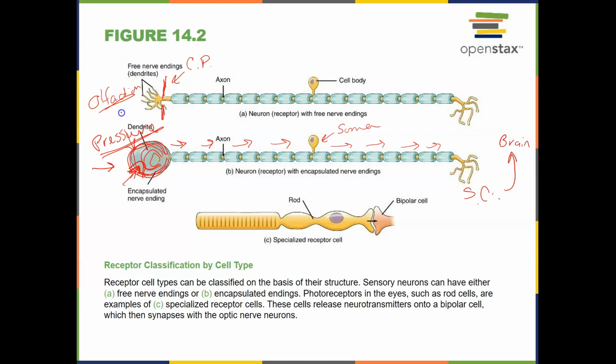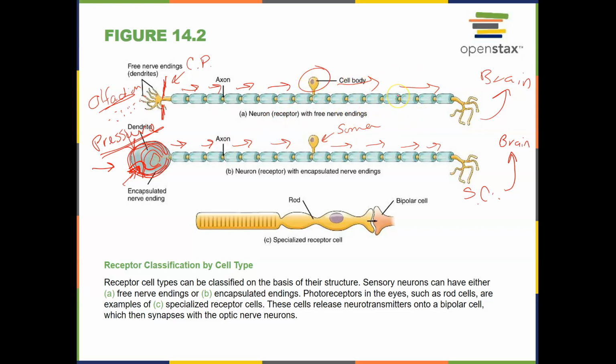And what happens here is the olfactory or the scent molecules travel up and they initiate action potentials through the primary axon. Processing happens at the cell body, and then you have an extension up to, you've got it, the brain again. Now, some of these neurons or receptors with free nerve endings in the olfactory system may look a little different.